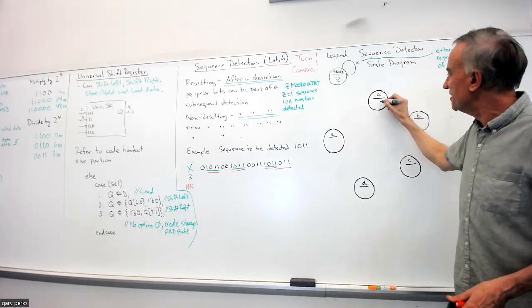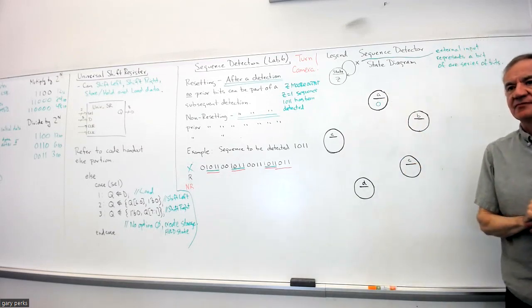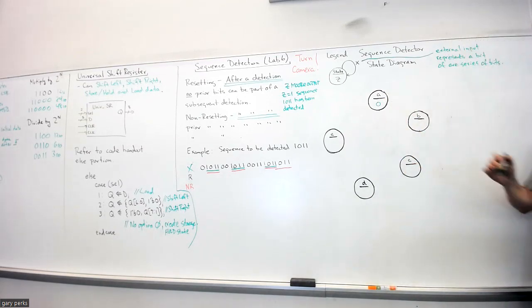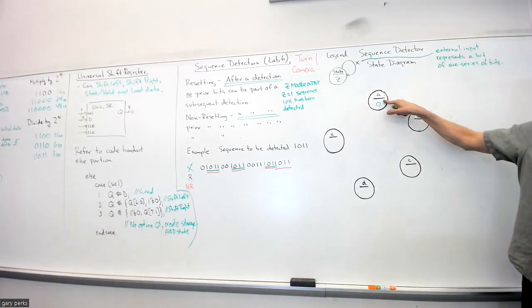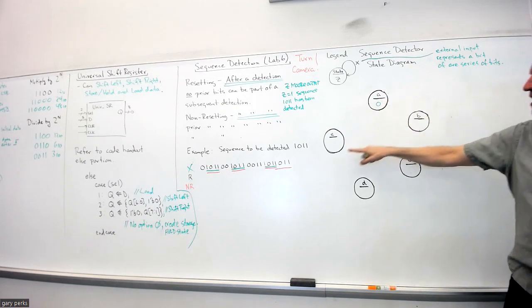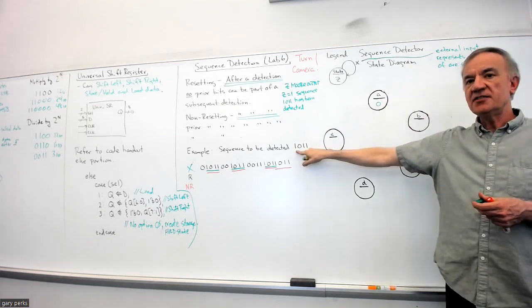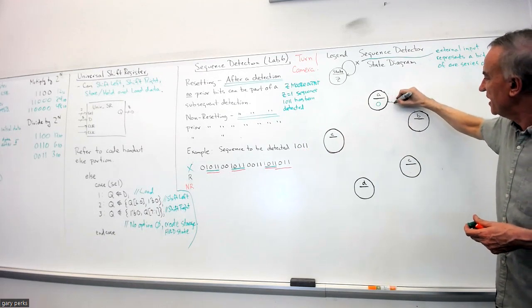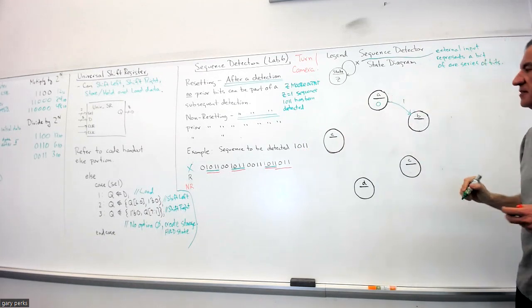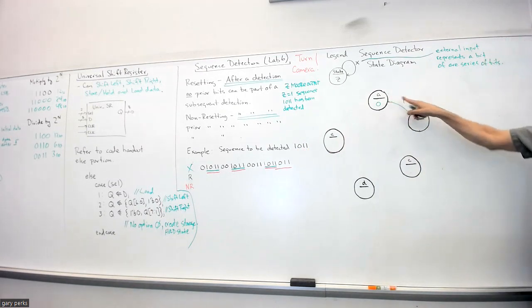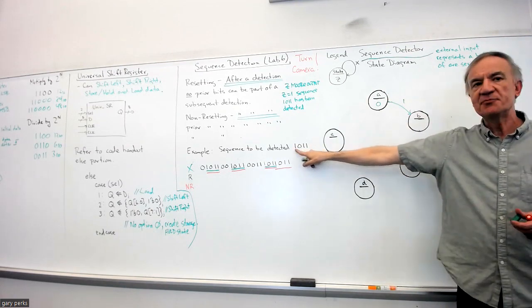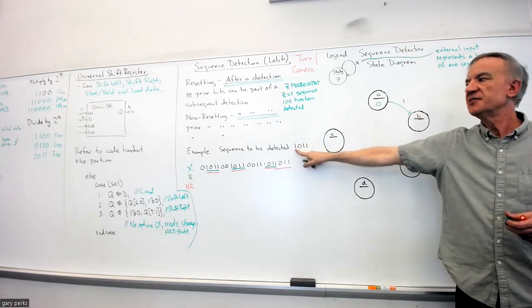So Z will be a 0. If I'm in this starting state A and I get a 1, if X is a 1, I'm going to move to state B. So if X is a 1, I go from A to B because that's the first bit I'm looking for in the sequence.